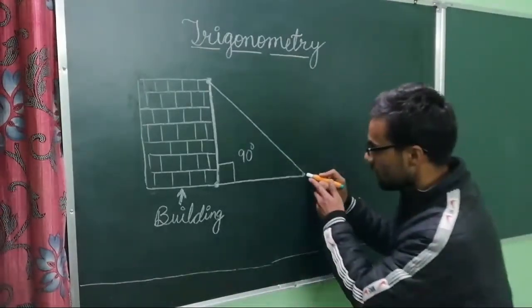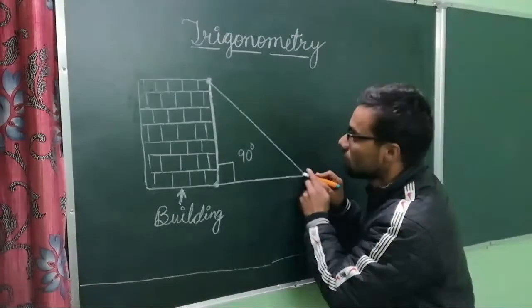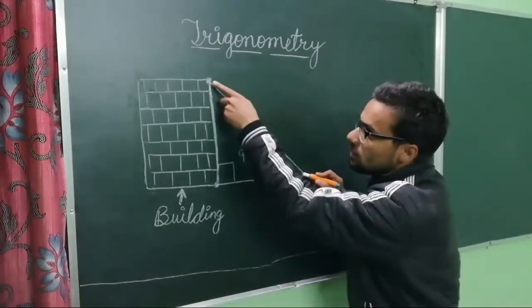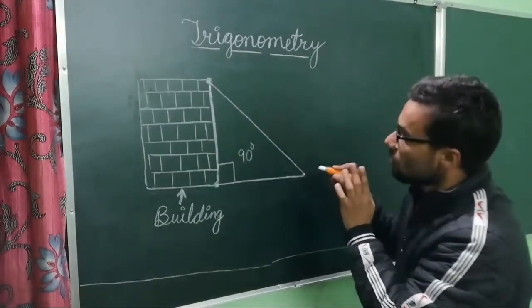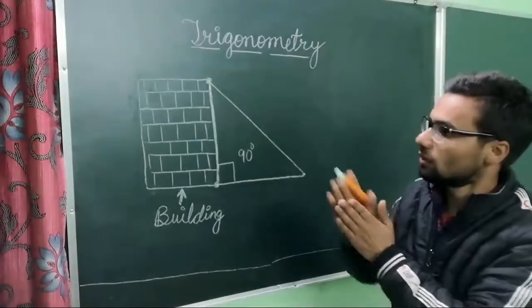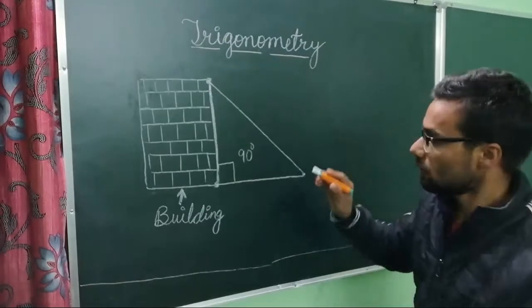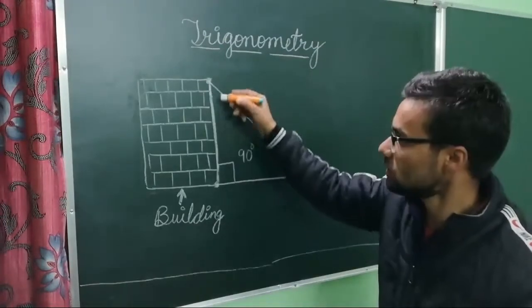If you are here and you are observing the top of the building, meaning you see from this point and look at the top of the building, then you can find the height of this building with the help of trigonometry. First of all, I will give names to these three sides.